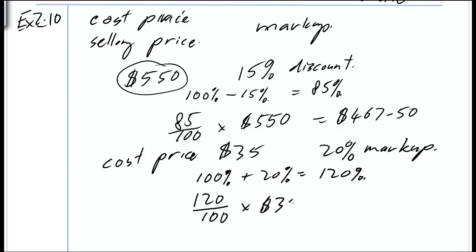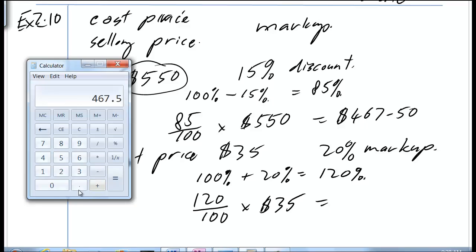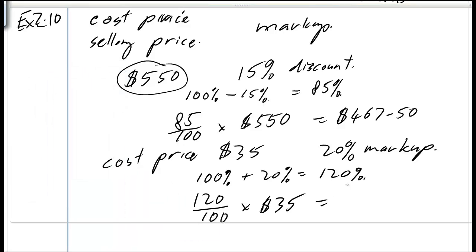That will give us what the selling price will be if we want to increase $35 by 20%. On the calculator, it'll just be 1.2 times 35 equals 42. So it'll be $42.